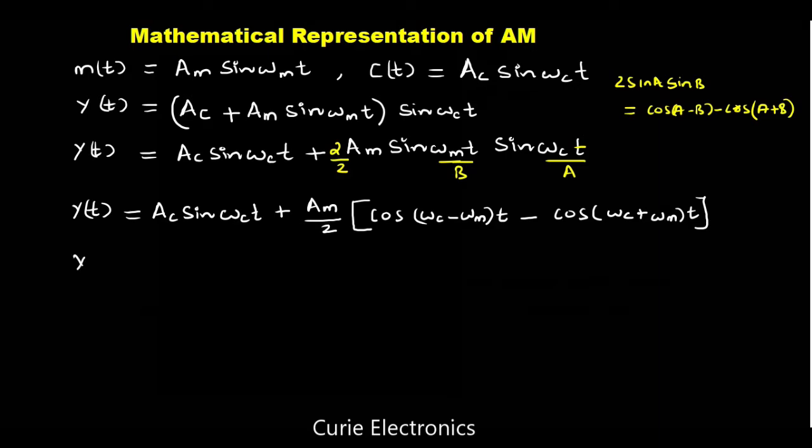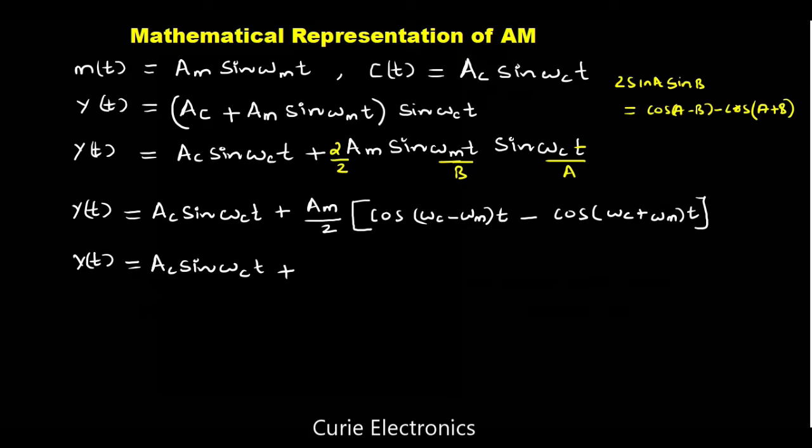Now again we have to simplify this to get the final equation. Y of t equals the same carrier wave, no issue with the carrier wave, AC sine omega c t plus. Now if we see the second term, AM by 2 and the cos terms, all are in terms of m only. But we need it in terms of the carrier amplitude, correct?